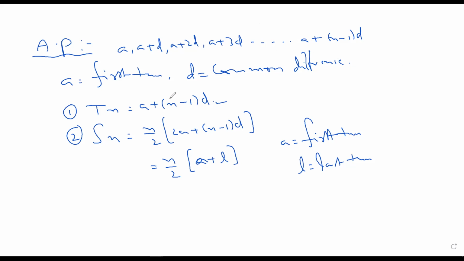Did you understand, all of you? Nth term, sum to n terms. Here, if a, b, c are in arithmetic progression, what is the condition? b minus a is equal to c minus b.